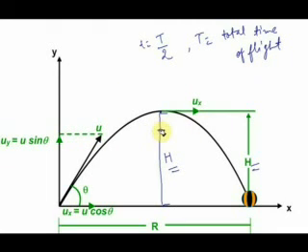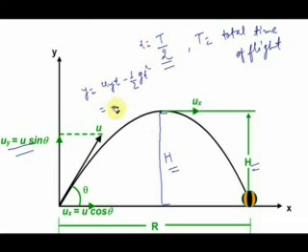So now to calculate the maximum height, we need to find the y displacement at time t is equal to T by 2. So the displacement along y-axis is given as u_y t minus half g t square, where u_y is the velocity along y direction, which is equal to u sin theta.